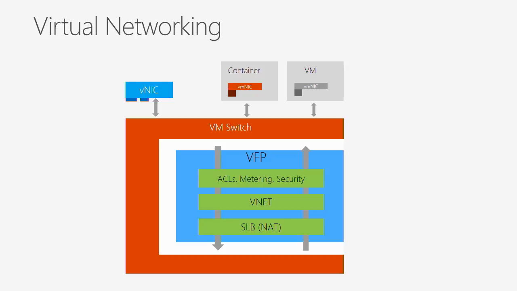The other big change that we did is, while we use a lot of the core infrastructure from virtual machines, in a virtual machine environment, we create a virtual network adapter, we attach it to a virtual machine, and the guest operating system gets stood up on top of that.